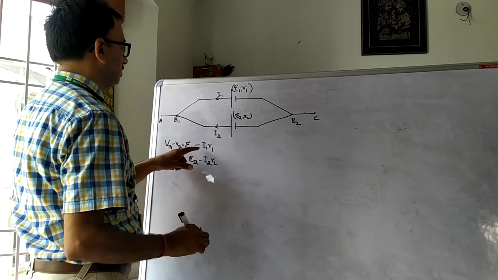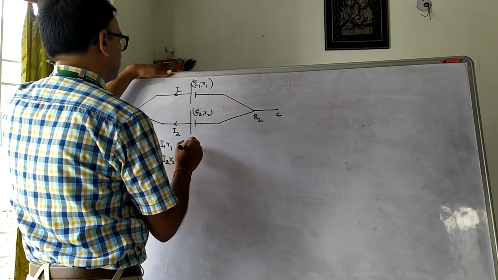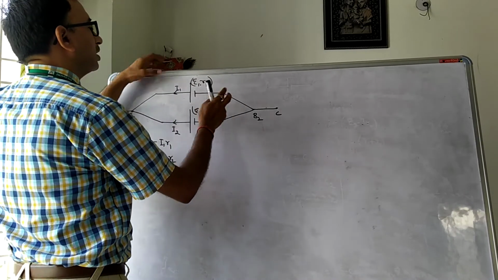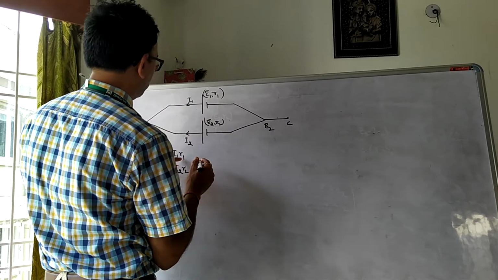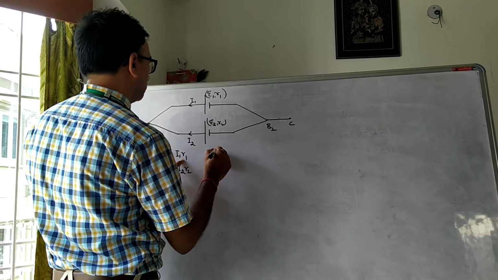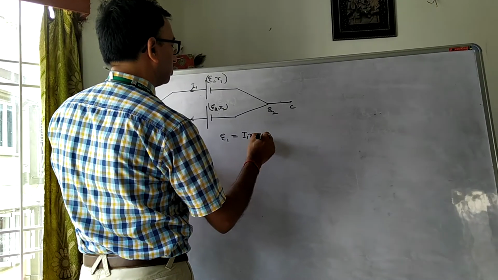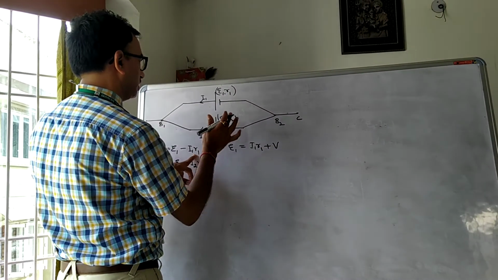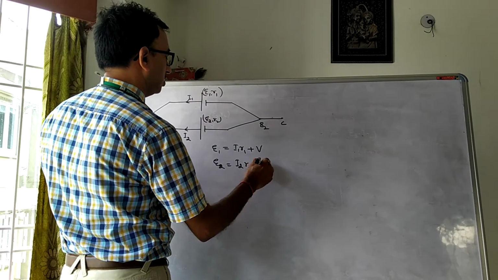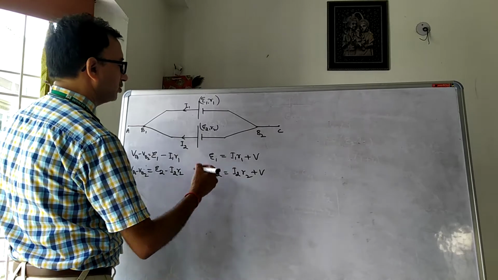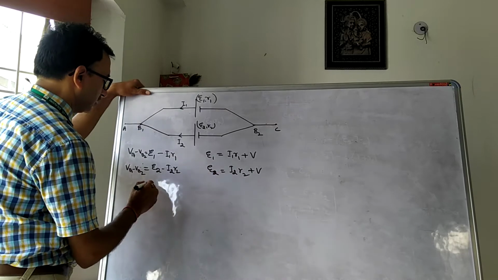Now let's calculate the values. Since the potential remains the same, V is the same, right? So E1 equals I1 R1 plus V, and E2 equals I2 R2 plus V, where V is the same.